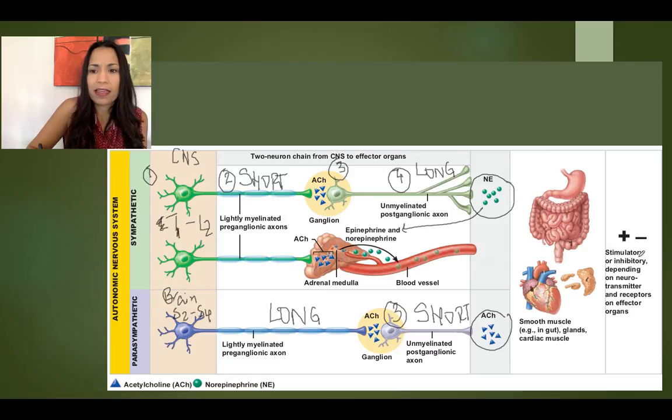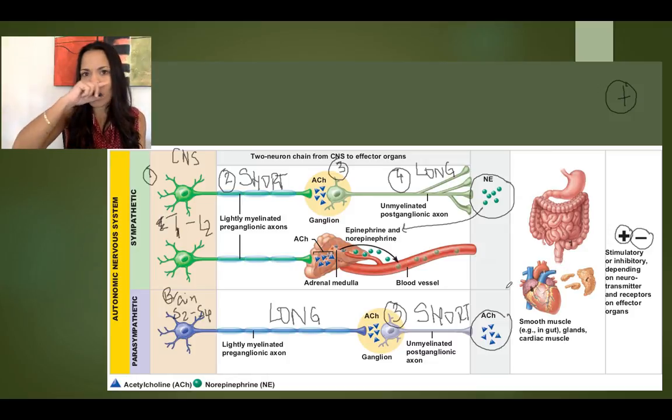The effects in both the sympathetic and the parasympathetic nervous system can be either stimulatory or inhibitory. So this is a big difference with the somatic nervous system. Remember, it always stimulated the skeletal muscles to contract. In here, it can stimulate, for example, the heart to beat faster with the sympathetic nervous system, or the heart to relax, or contract slower.